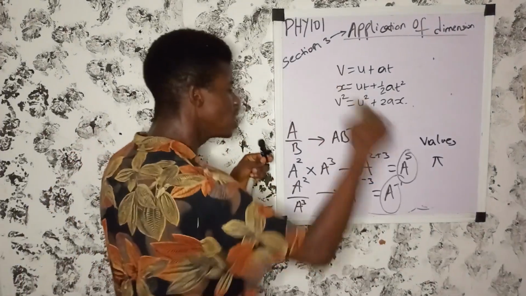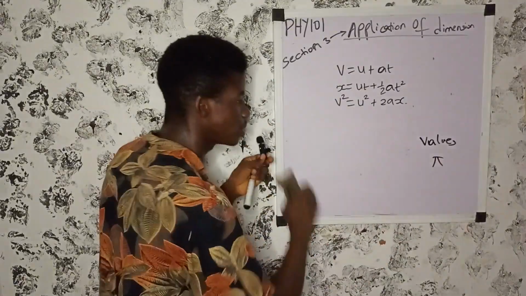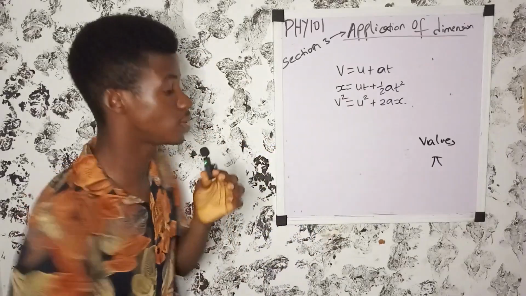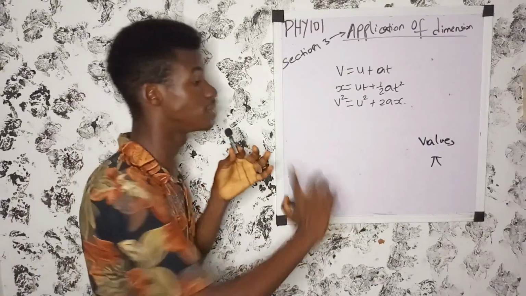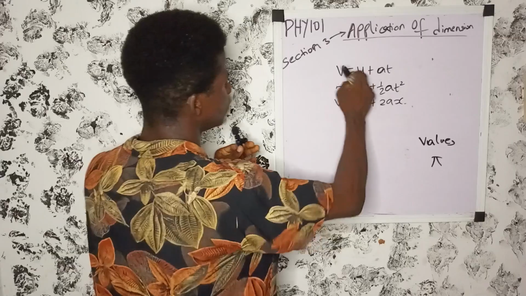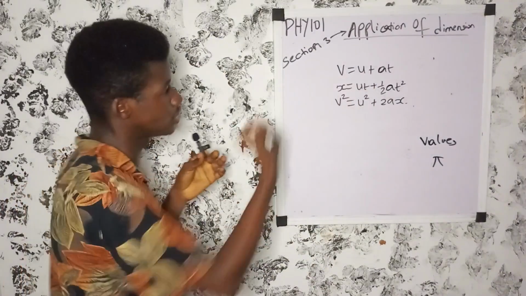Now, let's go back to dimensional analysis. I also told you that values don't have dimension, and symbols like pi and other symbols don't have dimension. Now, let's start with this very first equation. Is this equation correct? Let's find out.